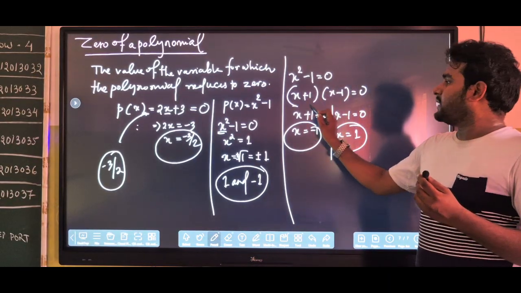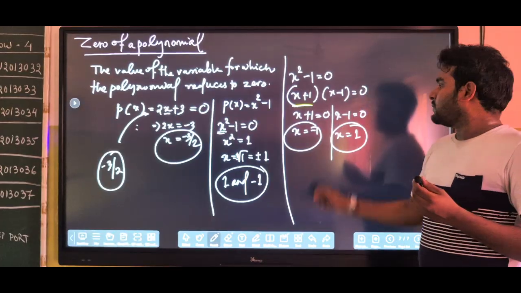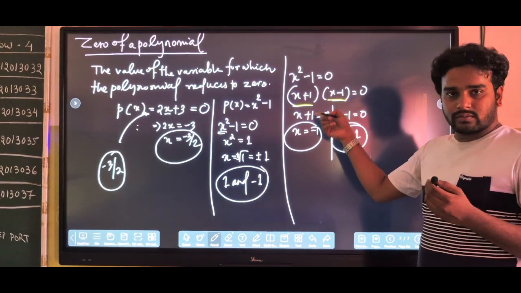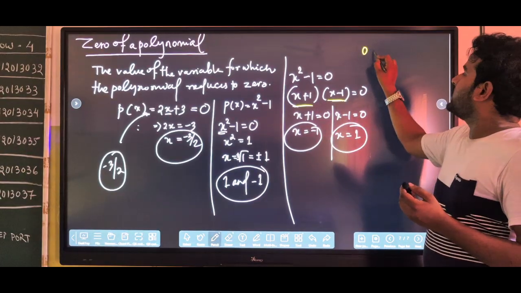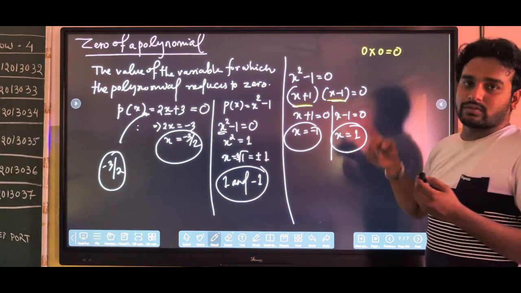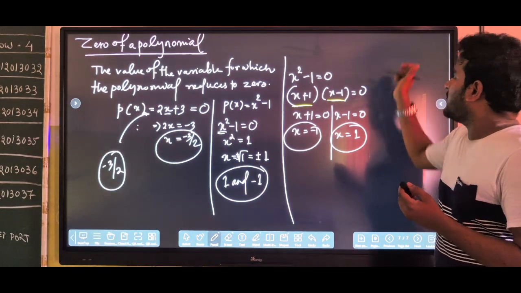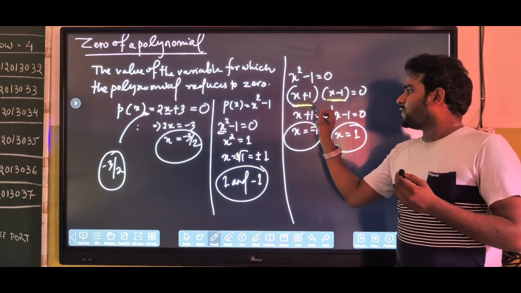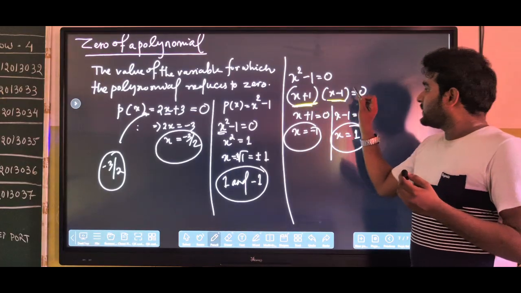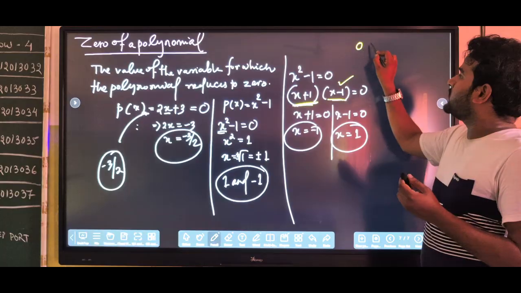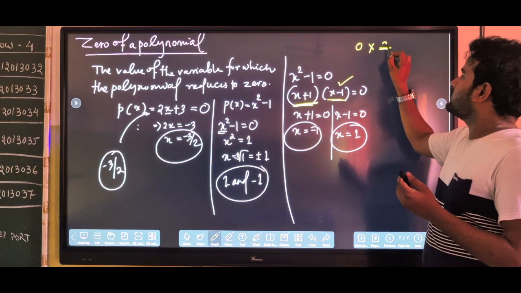There must be one confusion coming into your mind. Sir, why have you taken x plus 1 equal to 0 once and x minus 1 equal to 0 again? Both can be 0? No. So 0 into 0 we cannot say as 0 also. Whenever I am considering x plus 1 as 0, the other part is non-zero, it has a certain value.